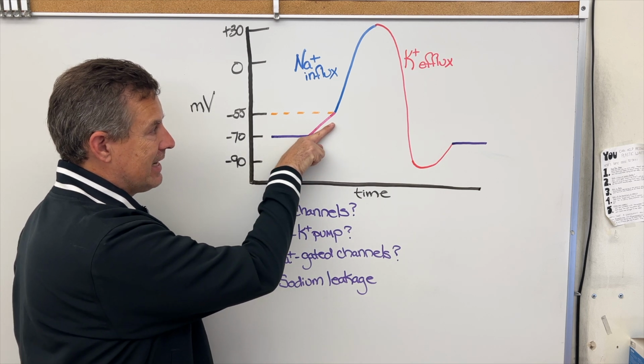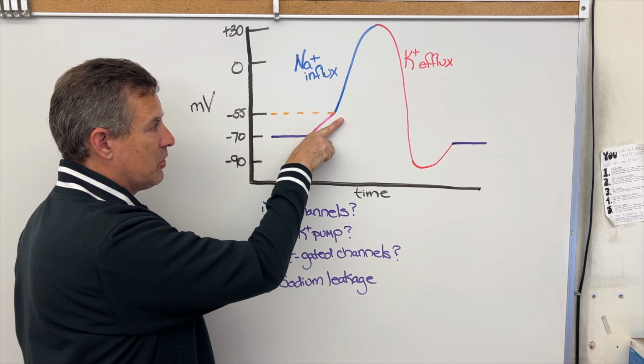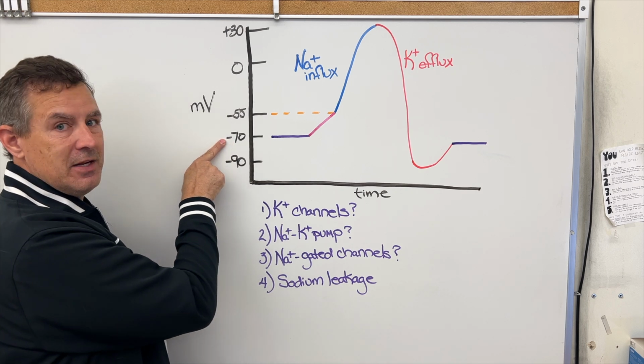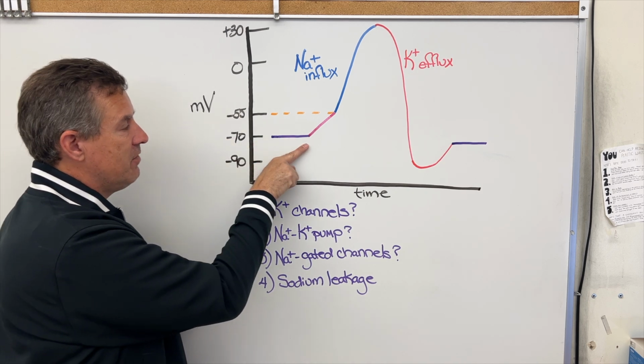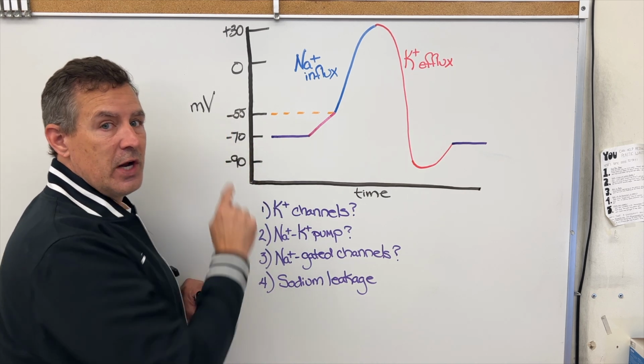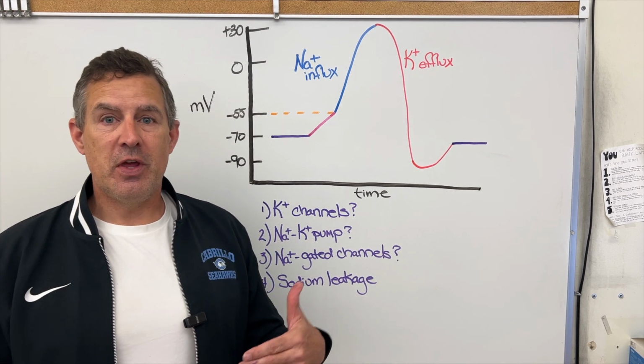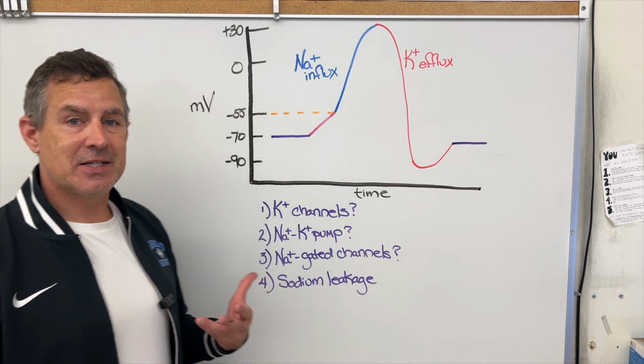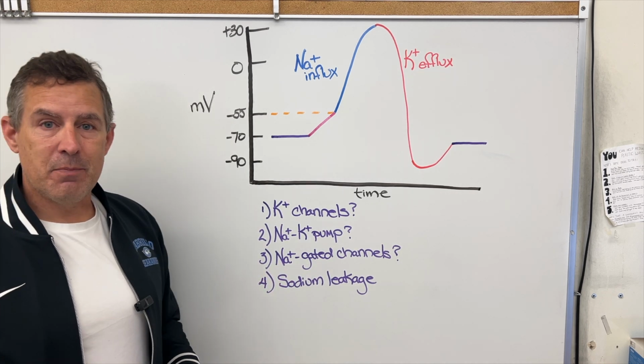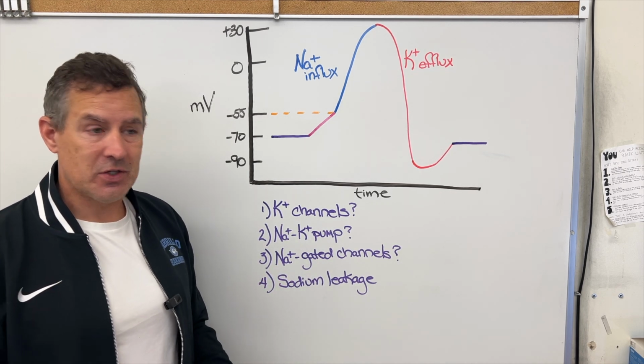This pink slanted line right here, gradual depolarization event from -70 to -55. -55 is threshold, which is the voltage that must be achieved at the axon hillock to have that depolarization event down the axon.